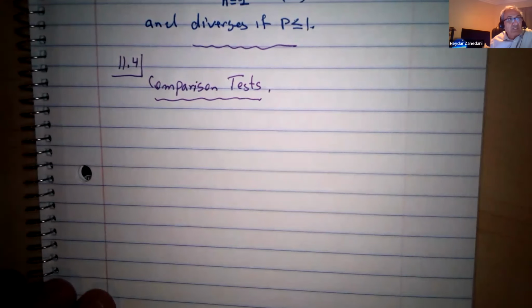So it's going to be two series. The one that you are looking at, to see if it's convergent or divergent. The other one is a well-known P series or geometric series.